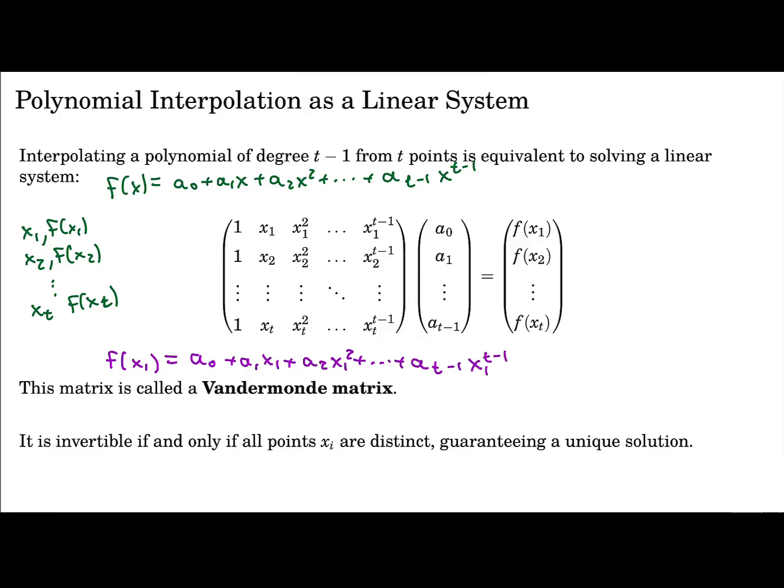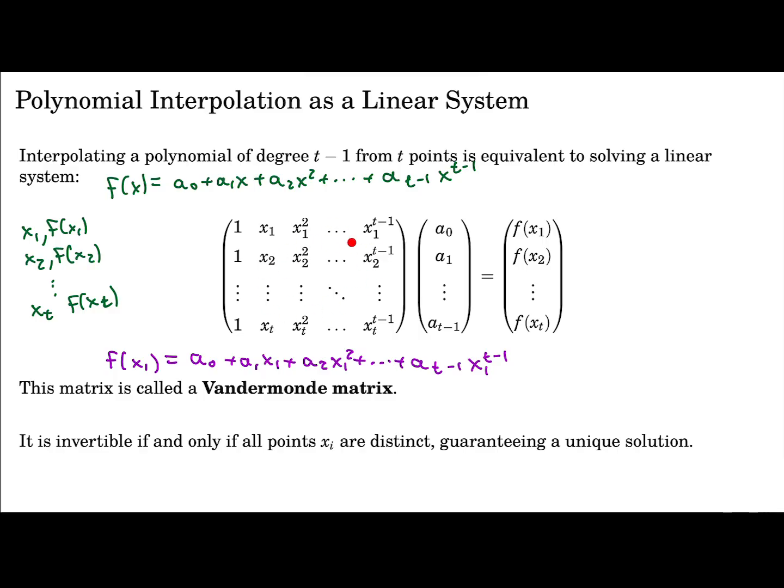So that gives us one equation. And if you write f of x2, you have another equation, and so on. So you can write it as this linear system here, right? Go review your linear algebra notes. So you can write this as this linear system over here.